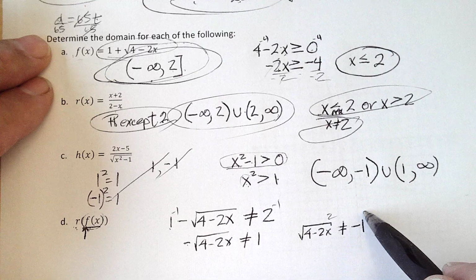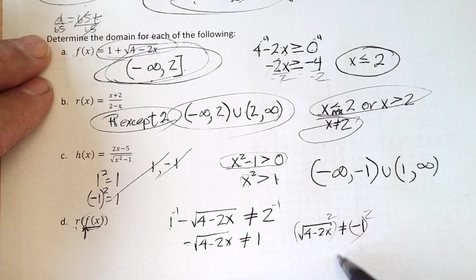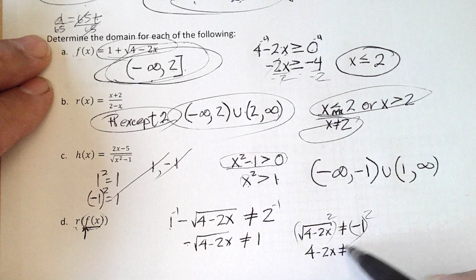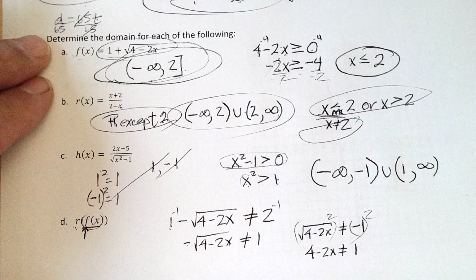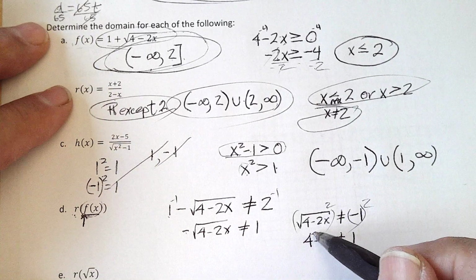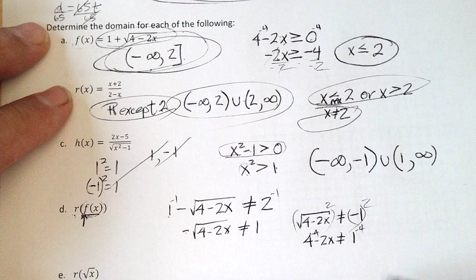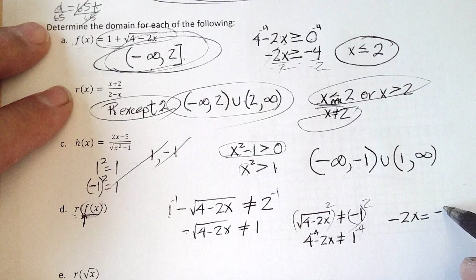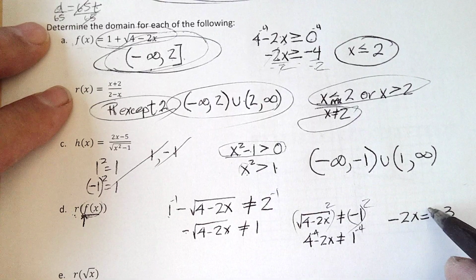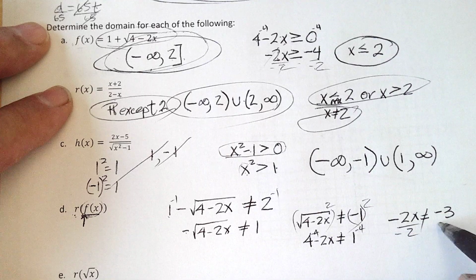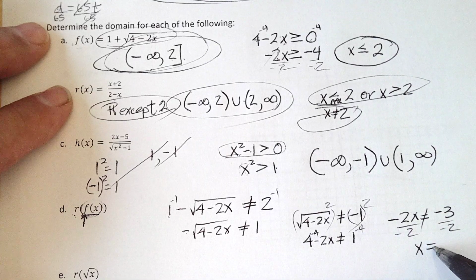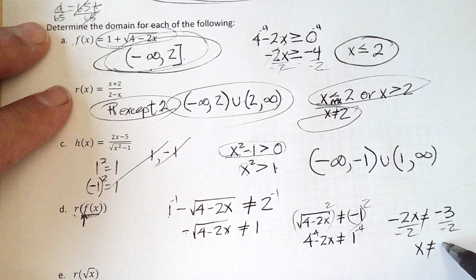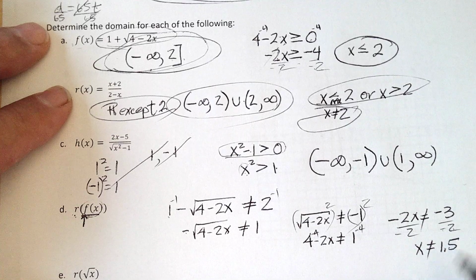Then if I square both sides, I get 4 minus 2x cannot equal 1. If I subtract 4 from both sides, I get -2x cannot equal -3. And if I divide by -2, I get x cannot equal 3/2, or 1.5.